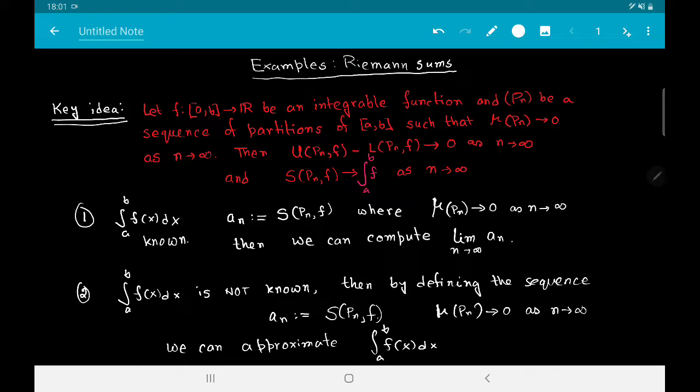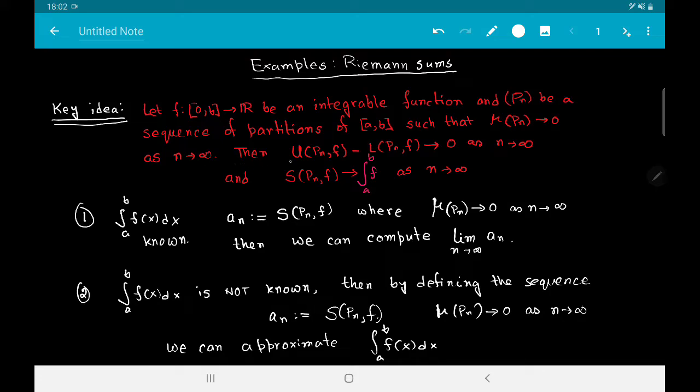So we had an integrable function f, which is defined on the closed interval [a, b]. We were given a sequence of partitions P_n such that the mesh of P_n goes to 0 as n goes to infinity.